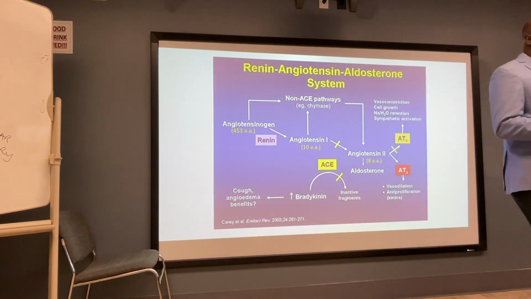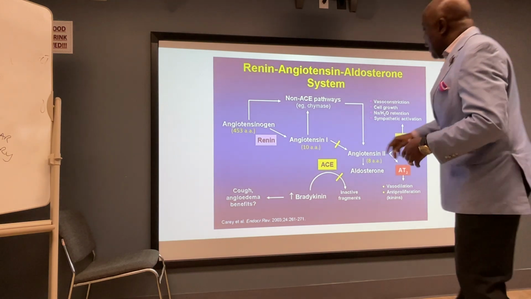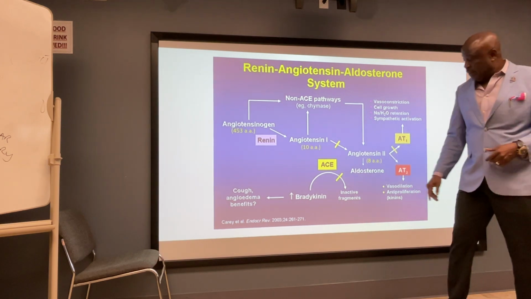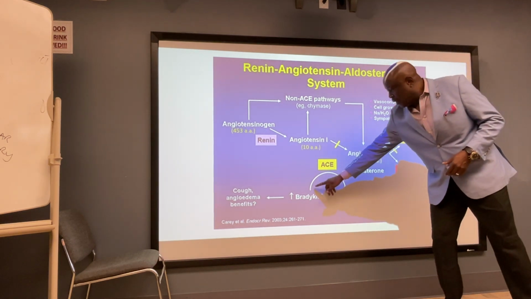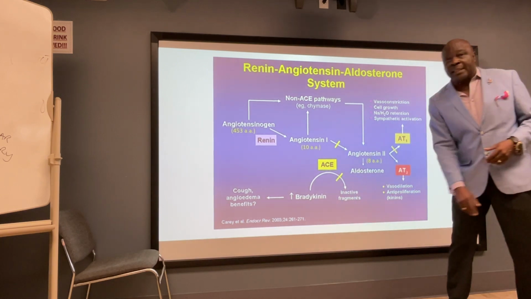Bradykinin is one of those autocoids or mediators that mediate pain, that mediate hypersensitivity reaction, and does a couple of things. So as you are converting angiotensin 1 to 2, which is good, you are also breaking down bradykinin into inactive fragments.